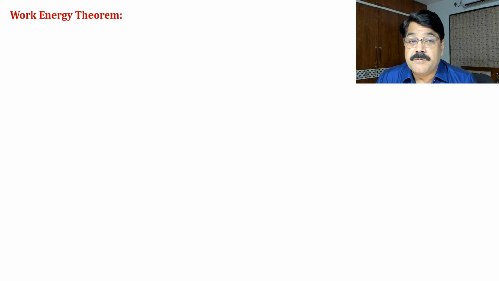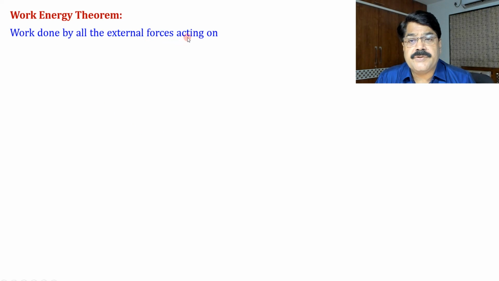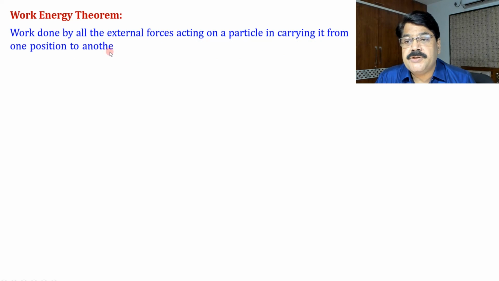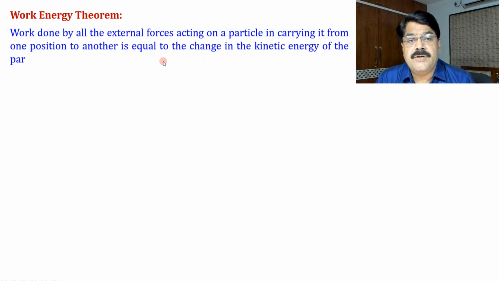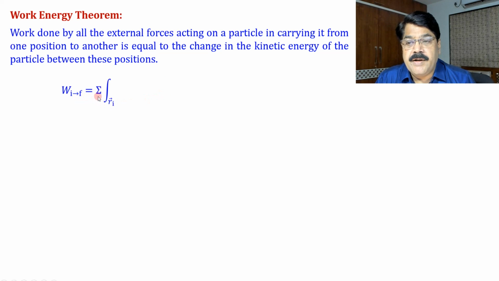First, we revise what our work-energy theorem was. The work-energy theorem states that the work done by all the external forces acting on a particle in carrying it from one position to another is equal to the change in kinetic energy of the particle between these positions. And if you write it mathematically, the statement is like this: W initial to final is equal to the summation of the integral from Ri to Rf of F dot dr, which is equal to K final minus K initial.